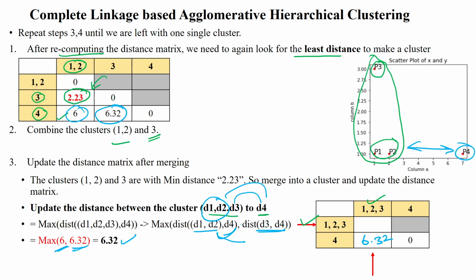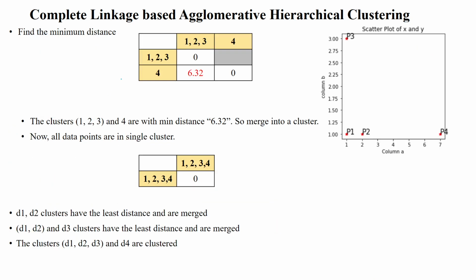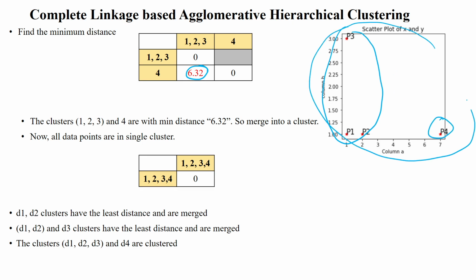This is the distance between this cluster and the fourth cluster. Then the diagonal value, the distance to the cluster itself, is 0. From this distance matrix, we have to select the minimum value. Only one value is available, 6.32, so it will be selected, since these three are already combined. Now we will combine all four data points into a single cluster.